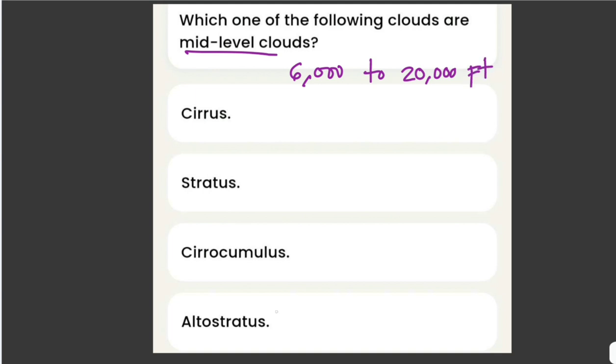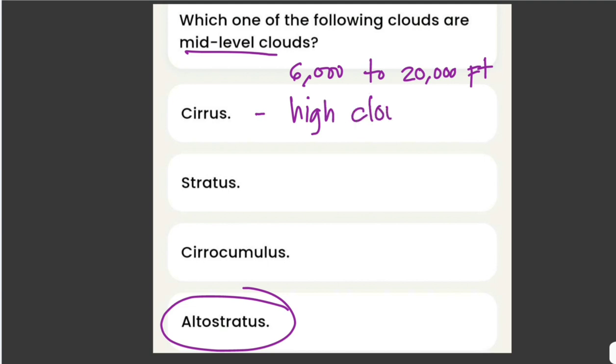Now the answer here is alto stratus, because cirrus is considered high clouds, while stratus is for low clouds.